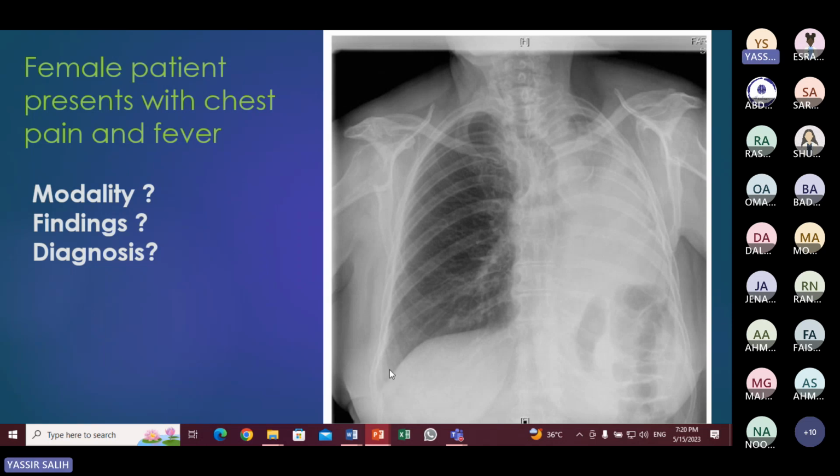If meniscus sign, intermediate volume. Small volume دائما بتعمل blunted or obliterated costophrenic angle.